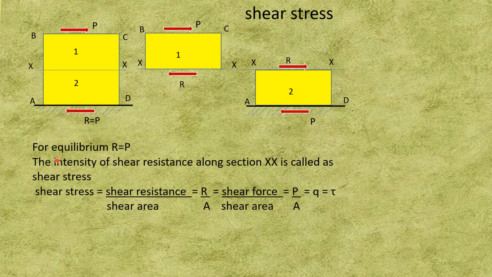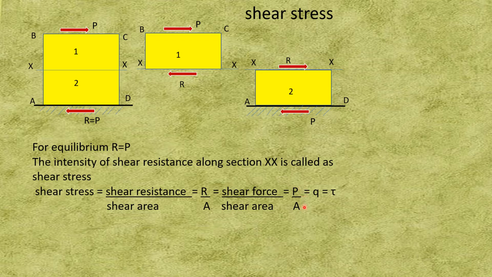So for equilibrium, R must be equal to P. The intensity of shear resistance along the axis XX is called shear stress. Shear stress is equal to shear resistance divided by the shear area. R is the shear resistance and A is the shear area. Now R is equal to P, so this P is called the shear force and shear area is A.